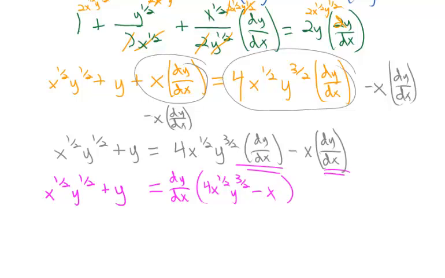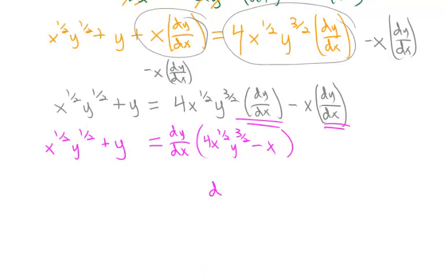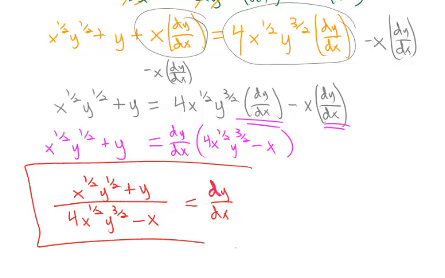And so if we divide each side by that denominator, dy/dx is equal to x to the 1/2, y to the 1/2, plus y, all over 4x to the 1/2, y to the 3/2, minus x. And we have our solution.